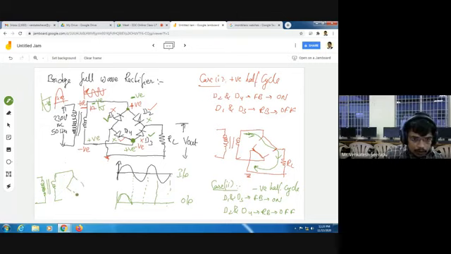Similarly, D4 is in off condition, D3 is in on condition. Here I have a load resistor RL. Now see here, whenever a negative half cycle is applied, these two diodes are in on condition. Now current flows to the resistor in this direction. Again it will come like this, current direction.